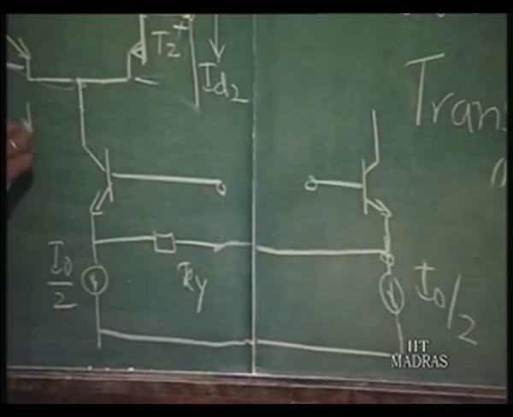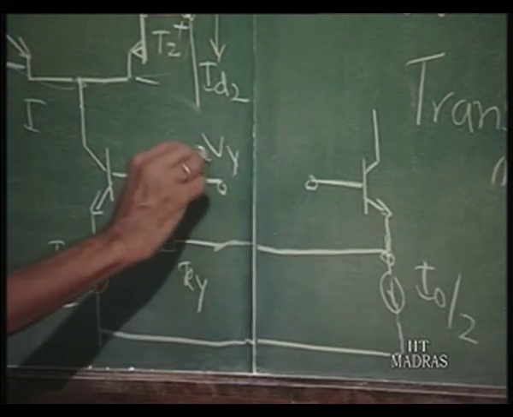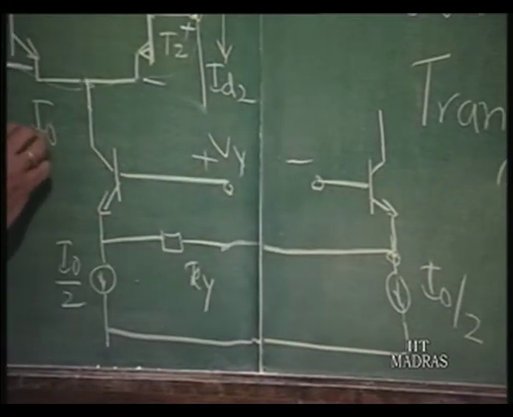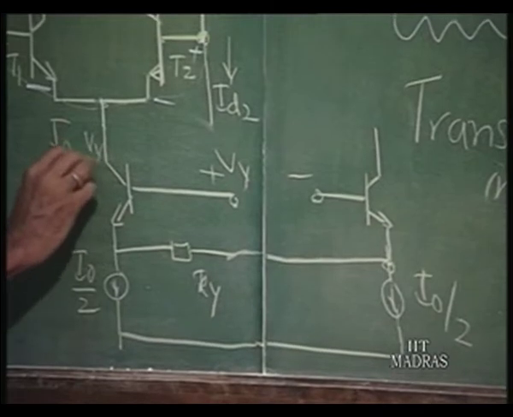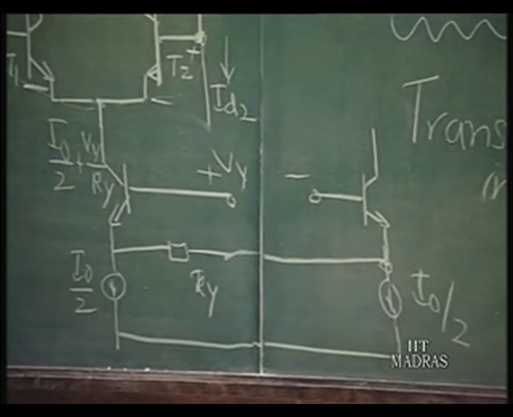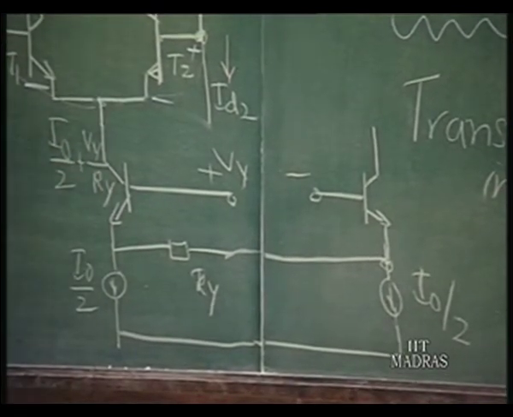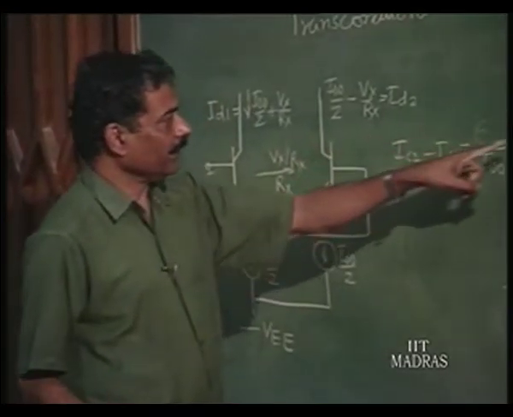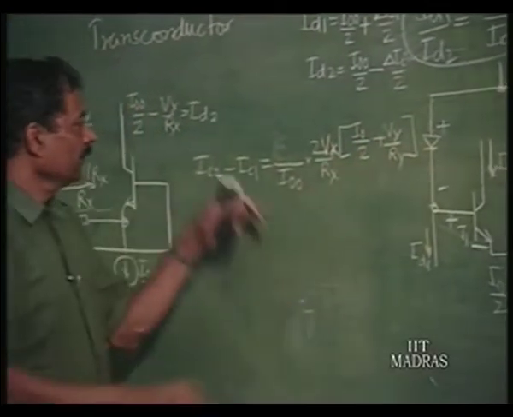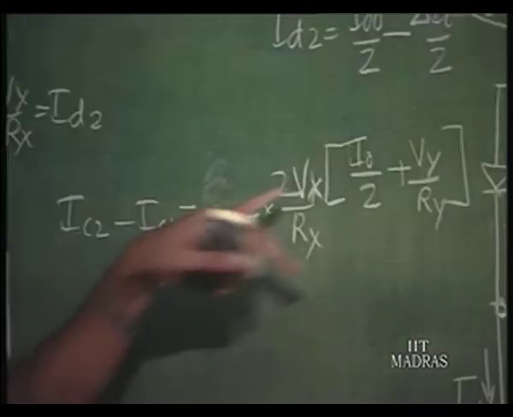So, here I get, if I put Vy here, I naught by 2 plus Vy by Ry. So, you have this being connected here and this current source. So, you have a multiplier component here in this differential output current.